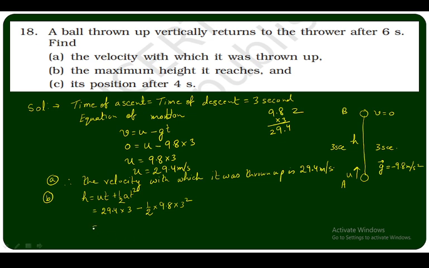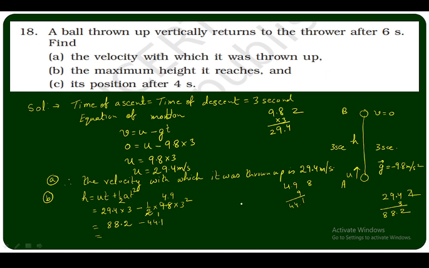We'll calculate this value. 29.4 multiplied by 3 is 88.2. Then half of 9.8 is 4.9, and 4.9 multiplied by 3 square, that is 9, gives 44.1, that is minus 44.1.